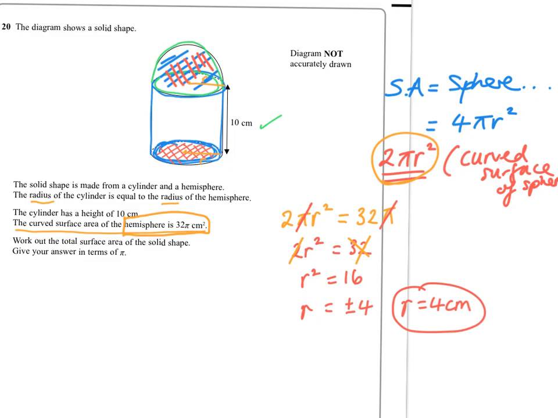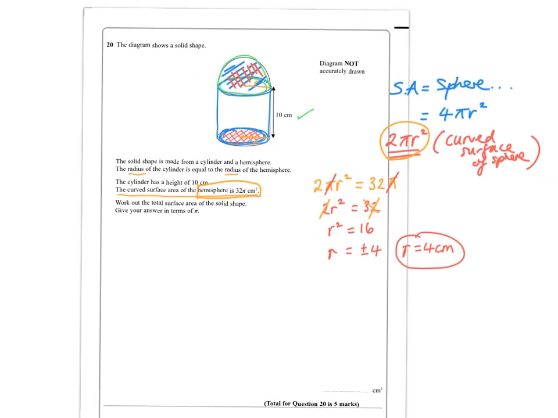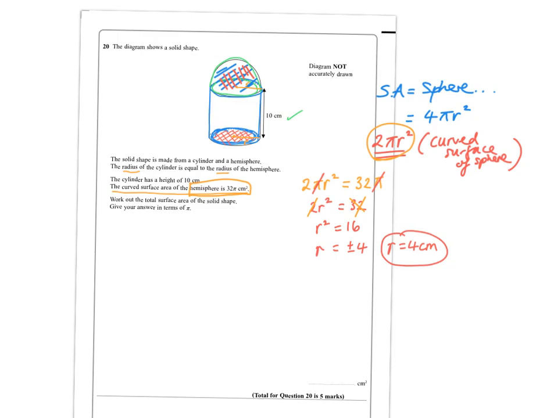So really, all we've got to do now is go back to where we started, and we know that we've already got 2 pi r squared in the bag. That's the curved surface area of the hemisphere. We can now work out the area of this part here, which is just a circle. So the area of the circular base is going to just be pi times the radius squared, and we know the radius is 4, so that's going to be 16 pi, and that's in centimetre squares.